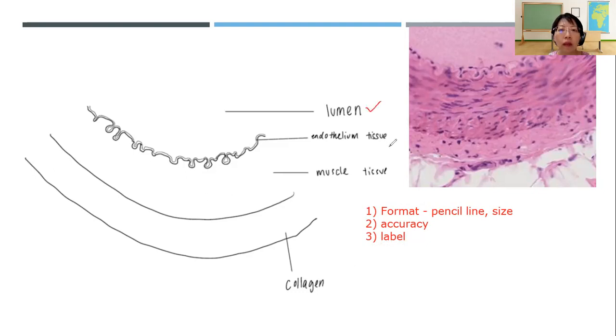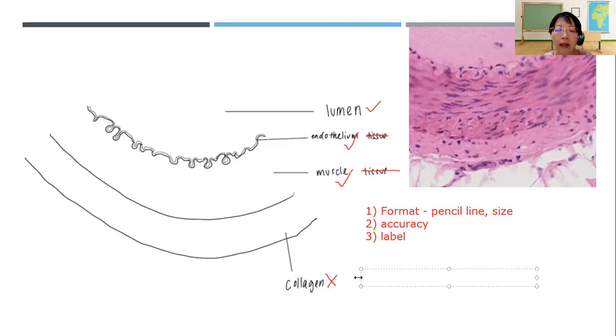Lumen, good. Endothelium, no need to write tissue because endothelium is the name of a tissue already. Muscle is also tissue, so no need to write tissue, muscle can already. Okay. Collagen cannot, because collagen, remember, is triple helix, is actually the molecule. So you're pointing to a tissue, you cannot label it as a molecule name. Collagen is a molecule name.